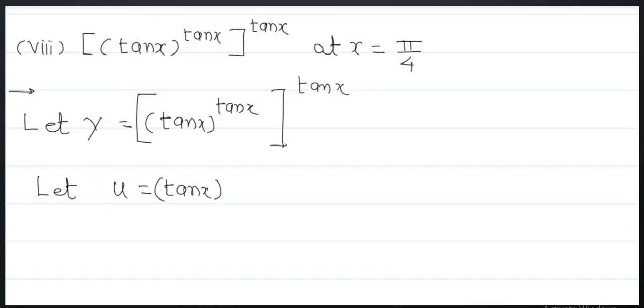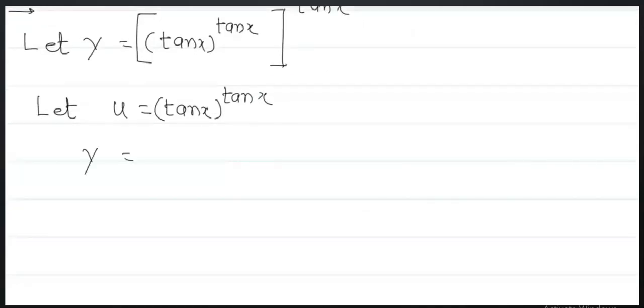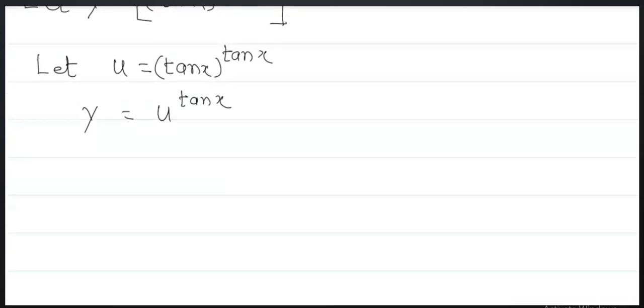Let u is equals to tan x whole bracket raised to tan x. Therefore, y is equals to u raised to tan x. Now, u is equals to tan x raised to tan x.